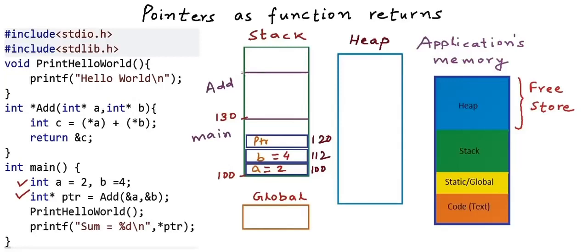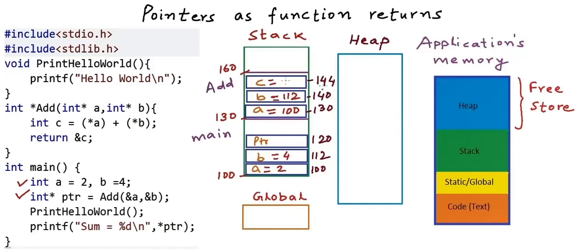Let's say add gets memory from 130 to 160, and add also has three local variables, a, b and c. a and b are pointers to integers. The value of a will be 100 and the value of b will be 112. Let's say their addresses are 130, 140 and 144. Once again, these are just random assumptions.